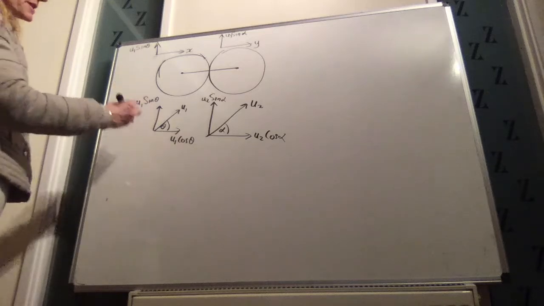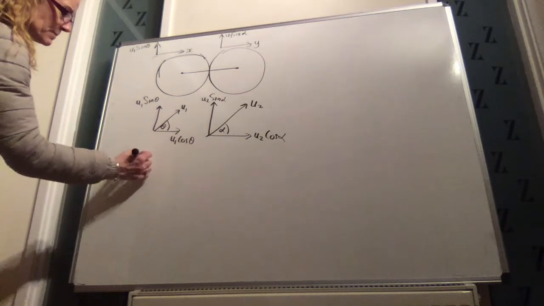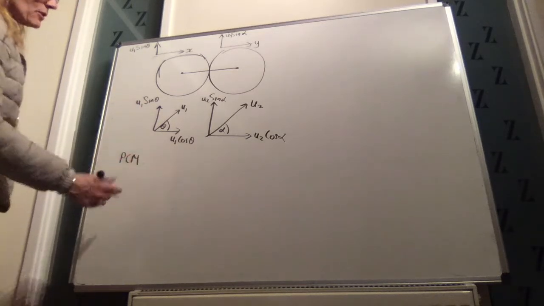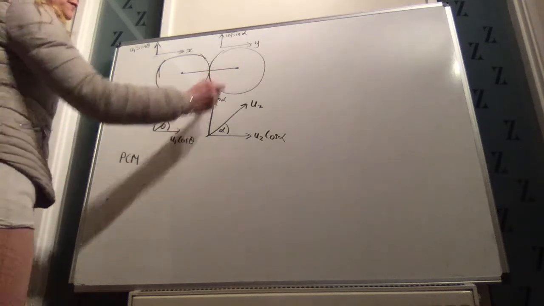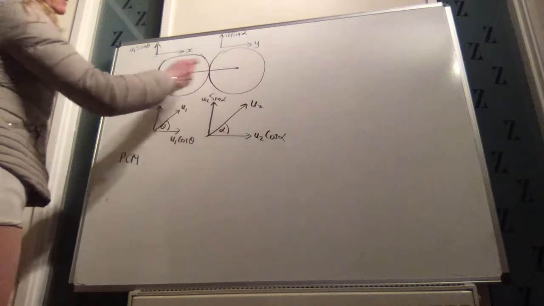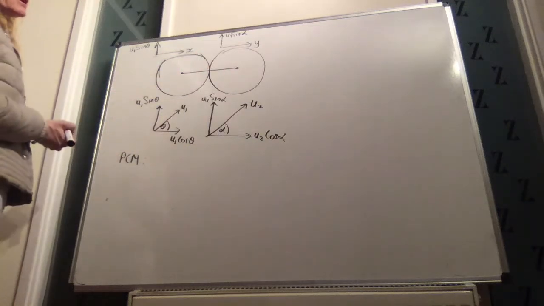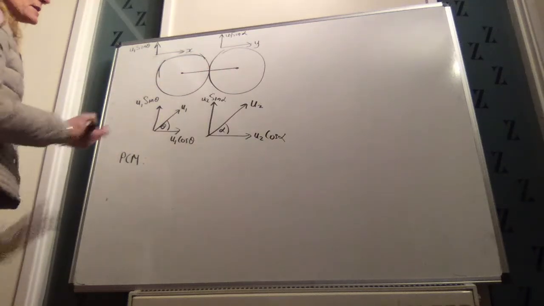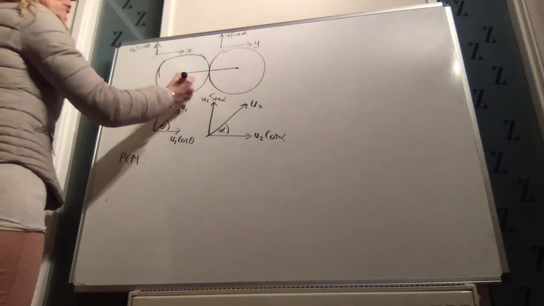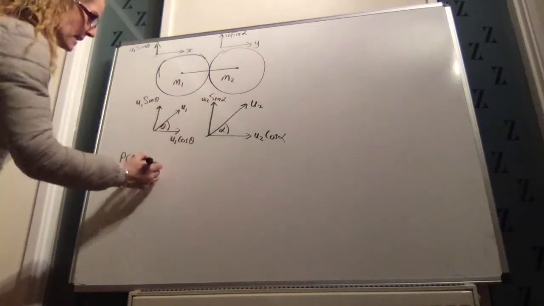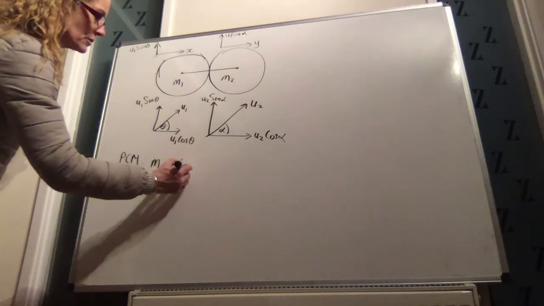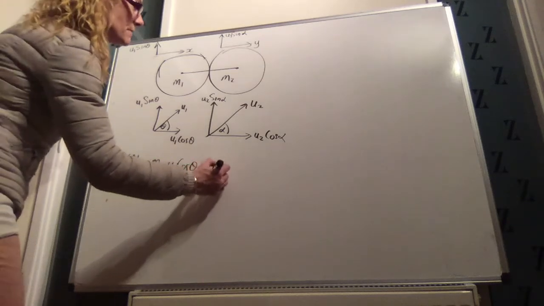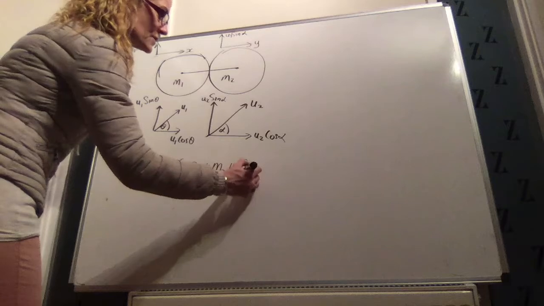So, our principle of conservation of momentum will still apply and our Newton's experimental law, but we will only use the principle of conservation of momentum for the velocities in the direction parallel to the line of centres. So mass, if we call that m1 and that m2, that means m1 times u1 cosine theta plus m2 times u2 cosine alpha.